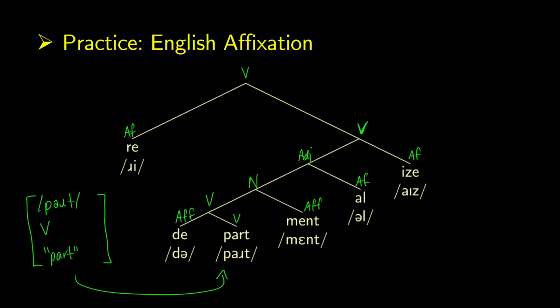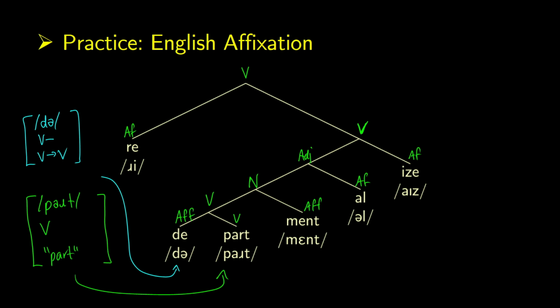Let's do a lexical entry for this affix de. So it's pronounced duh when you put it together with departmentalize. It's going to attach to a verb, and what it's going to do is create a new verb. I'm not going to give it a meaning because I think it's a little bit difficult to nail down exactly what duh means in this case. So I'll just write its function. Its function is to take a verb and make it a verb.